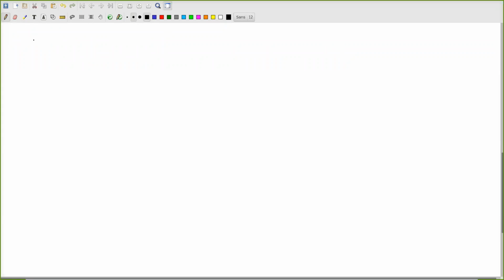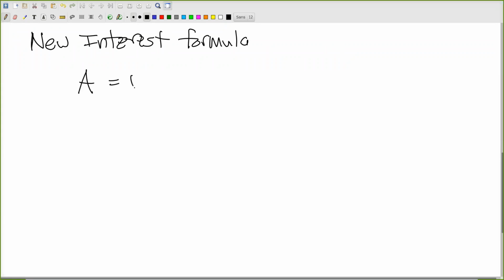All right, so we have this new formula. A is equal to P times parentheses 1 plus RT. And just a reminder about what these mean here.